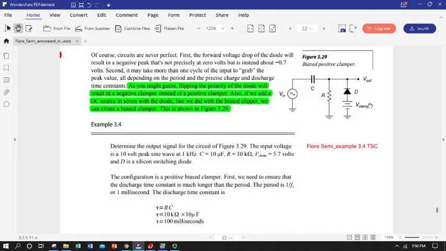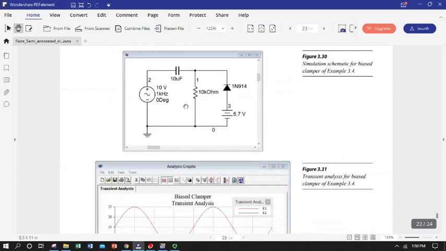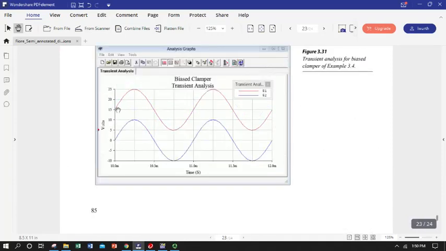So something like this going. In fact, it's the exact circuit. And you can simulate this. Here's Mr. Fiore's output. He's superimposed his base curve with his output, so you can see how we have literally shifted this waveform up and clamped it.